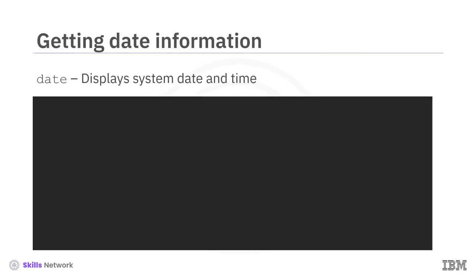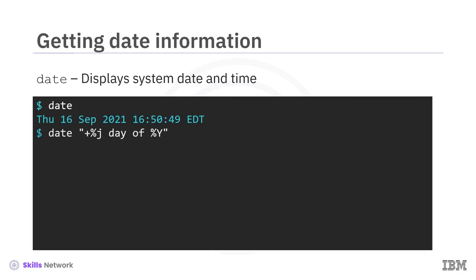Another helpful command is date, which displays the current system date and time. Entering date returns the default date format: the day of the week, the day, month, year, time, and the time zone. You can also extract certain parts of the date to print, like in this example. To format the output, encapsulate within quotes a combination of text and control characters preceded by a plus sign.